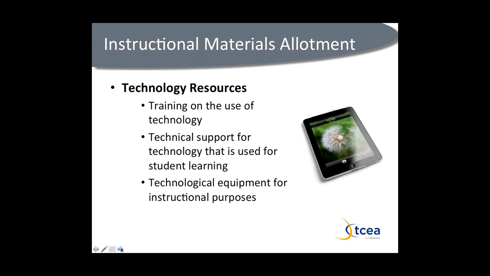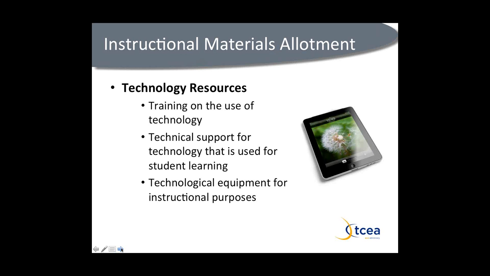What a school district can do, after they have purchased enough instructional materials that they need for their district and their students and their staff, is look at the technology needs of the district and spend the IMA on technology resources. It could be equipment, it can be software, it can be online resources. It can also pay for the salaries of individuals who do training on technology, and it can pay for the salaries of those that provide technical support for the equipment.